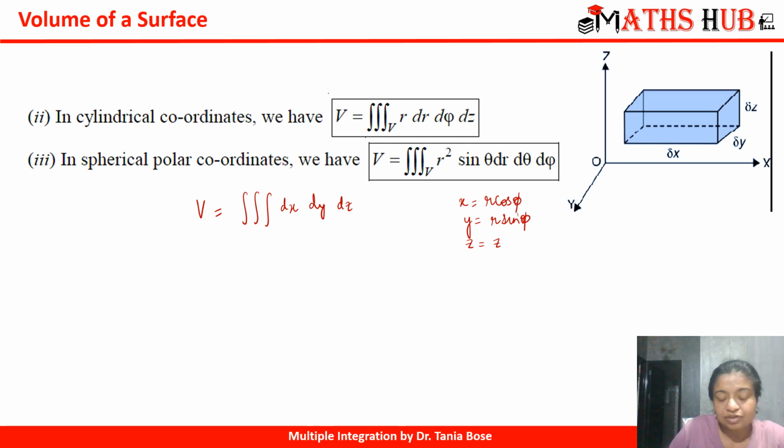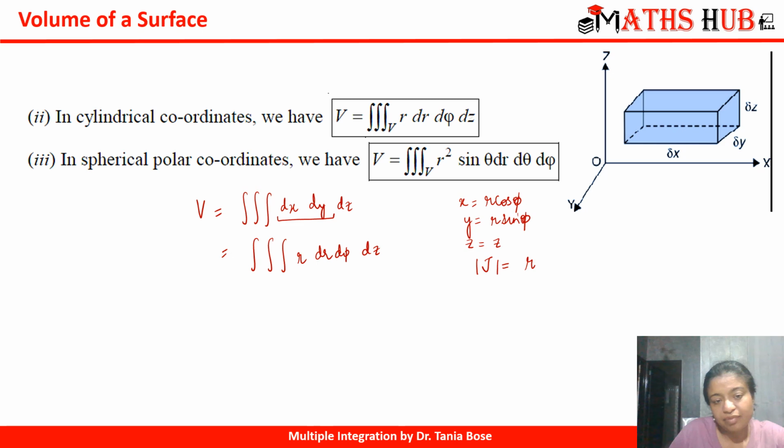Whenever we convert the Cartesian system to cylindrical coordinates, the Jacobian is basically r only, right? So dx, dy, dz gets converted to r dr d phi, and dz comes as it is.